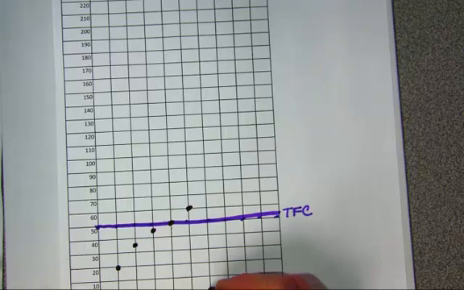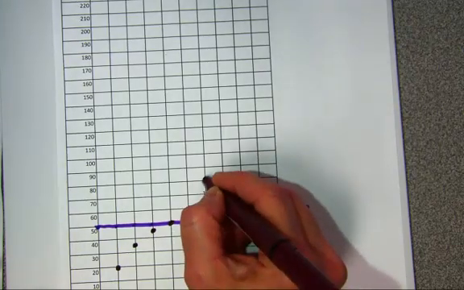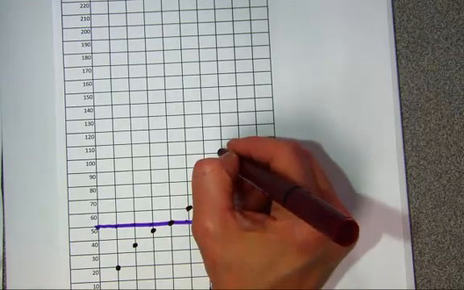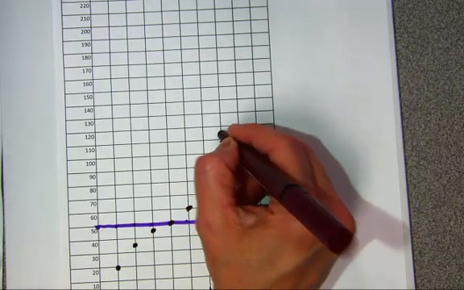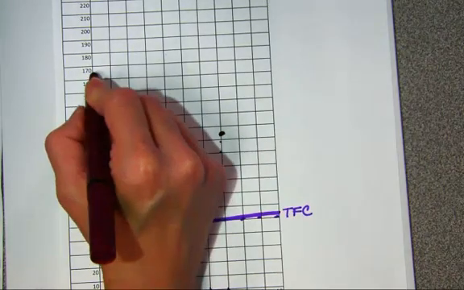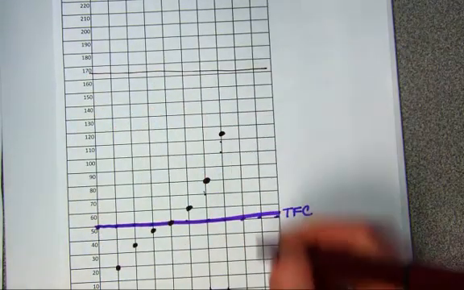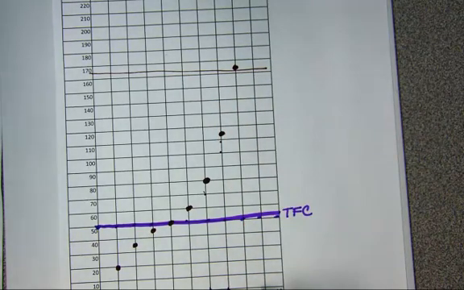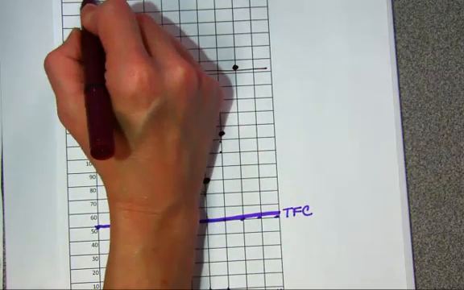At 6 units, total variable costs go up to 80. At 7 units, total variable costs are 115. When we produce 8 units, total variable costs go up to about 165. Right about there. At 9 units, total variable costs are $225.